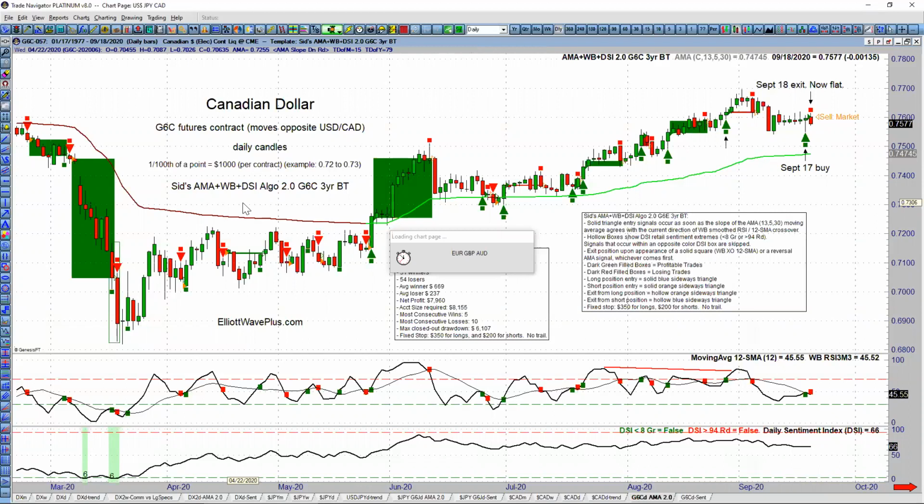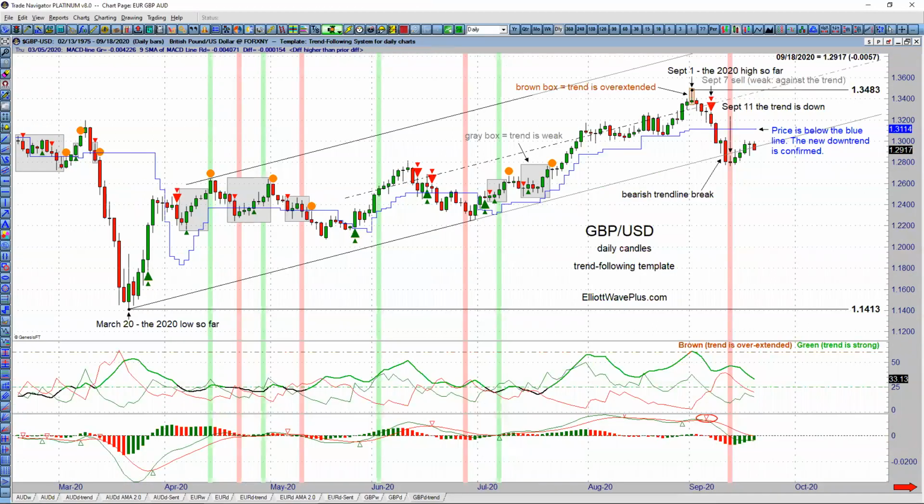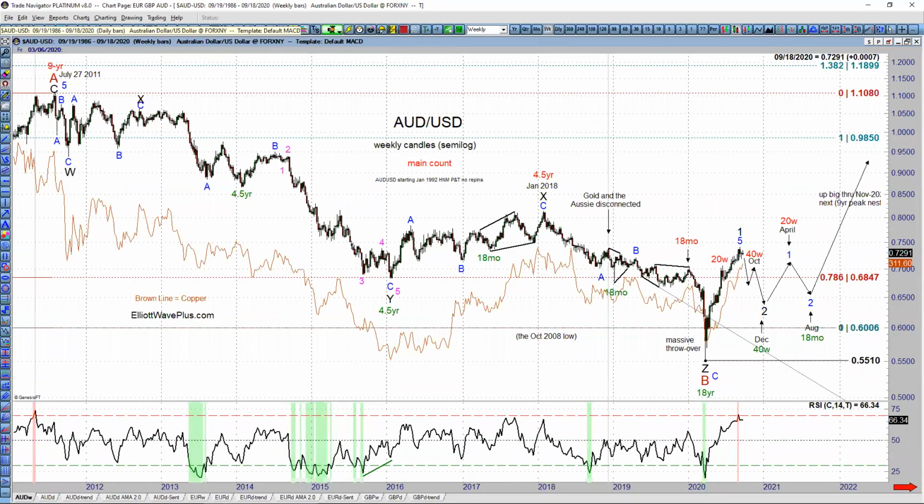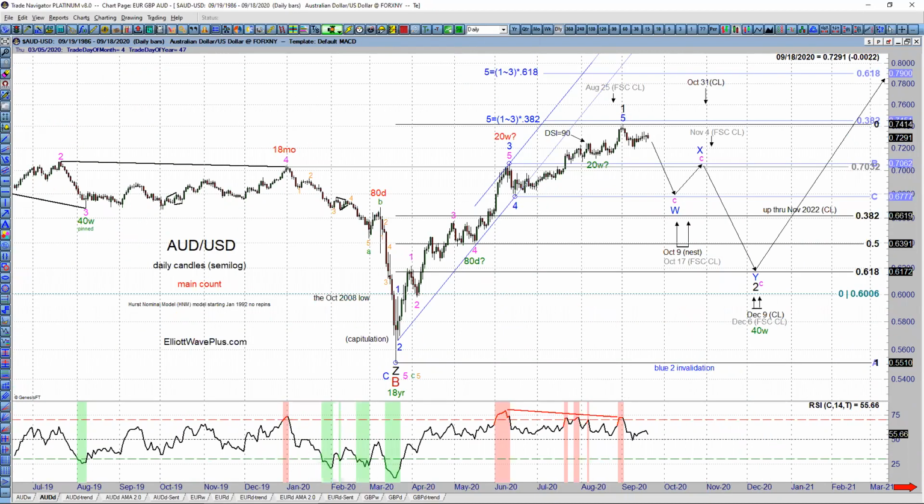The euro, Australian dollar, and pound. Start with the Australian dollar, which is highly correlated with copper. You can see the Australian dollar peaked way back on September 1. And it looks to me like it's putting in a 1-2 or an AB, and it's ready to break to the downside now, the way it closed the week.